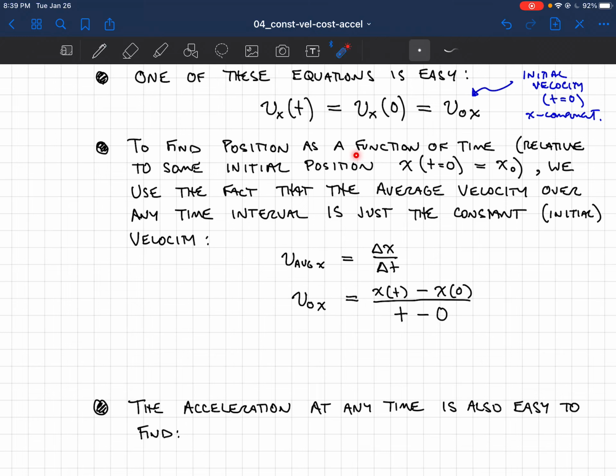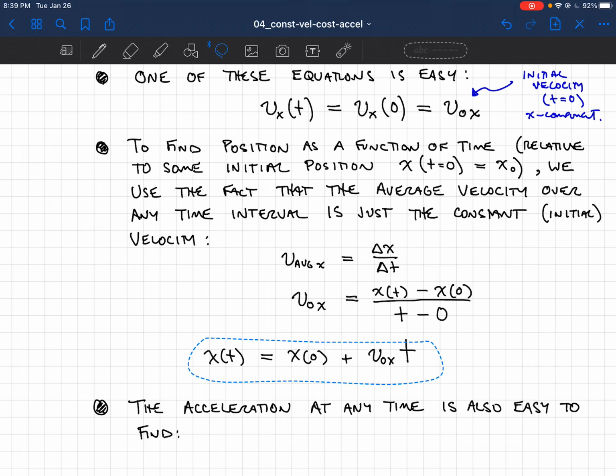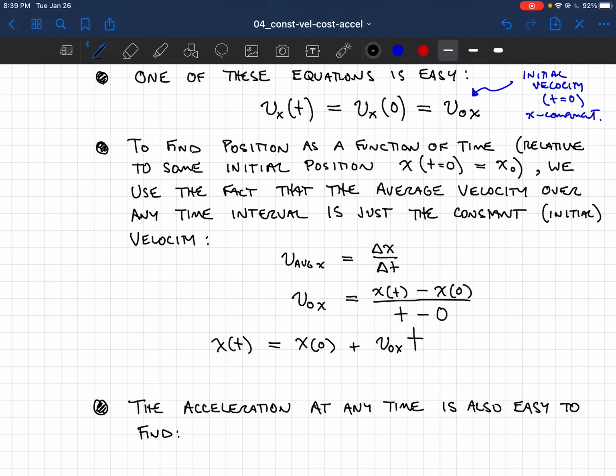Well, I'm looking for a function of position versus time, so let's write it as x of t is equal to x of 0 plus v0x times t. And I could also write that as, giving x0 a special name, x of t is equal to x naught plus v0x t, or v naught x. And that's our second equation. That's position versus time.